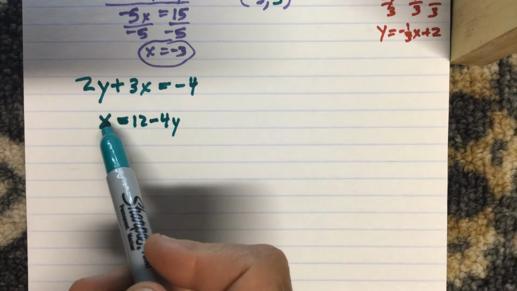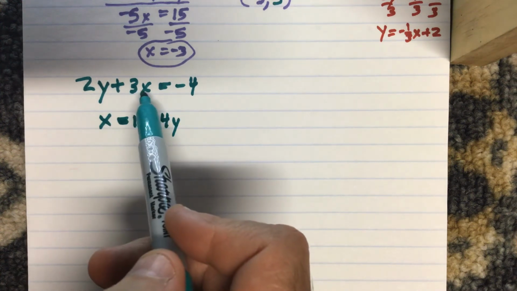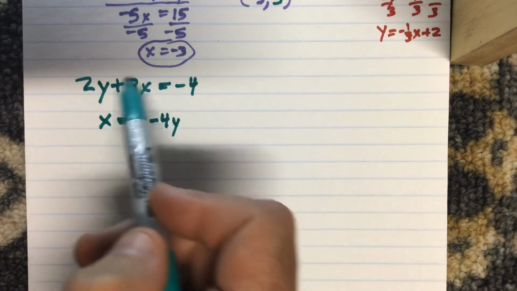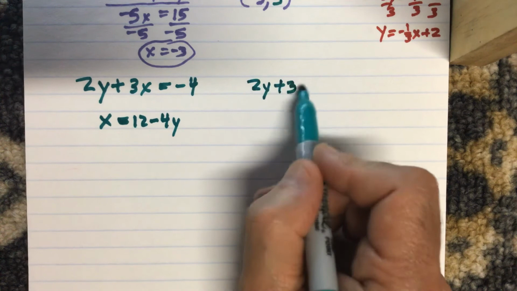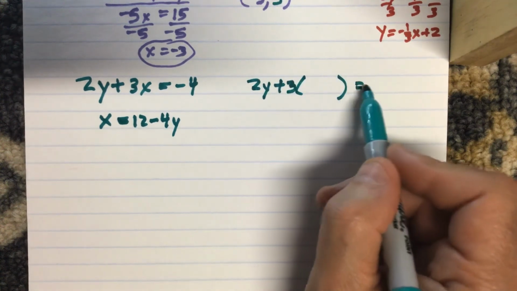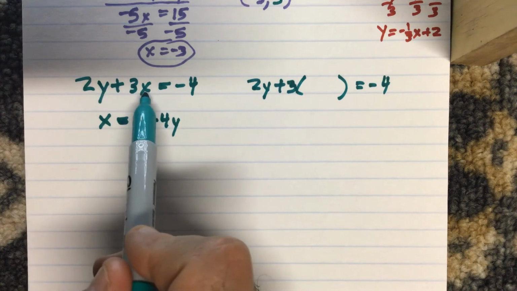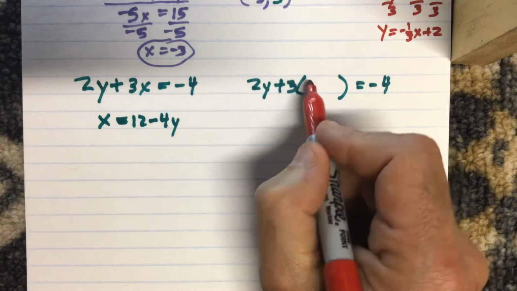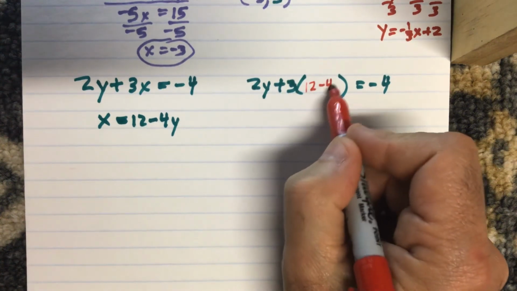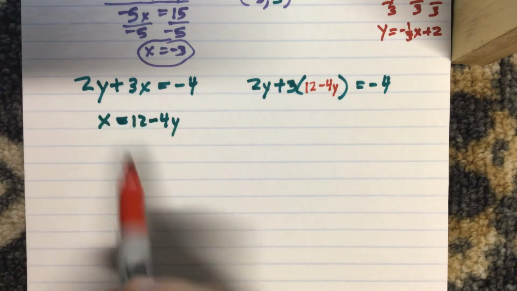So in this case, because it's telling me what x equals, I'm going to substitute this in for this x right here. So I'll rewrite this equation, 2y plus 3x equals negative 4. So I'm copying this one, and instead of x, I'm plugging in what x is equal to, which in this case is 12 minus 4y. So I substituted this equation into this equation for the x.